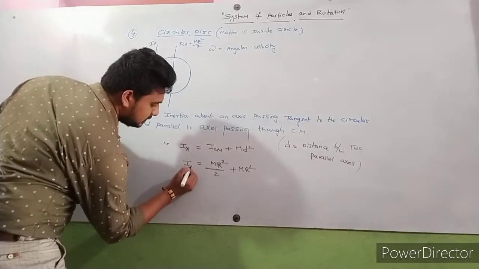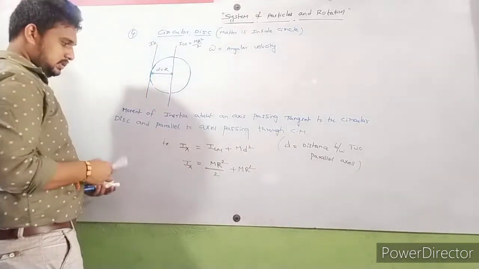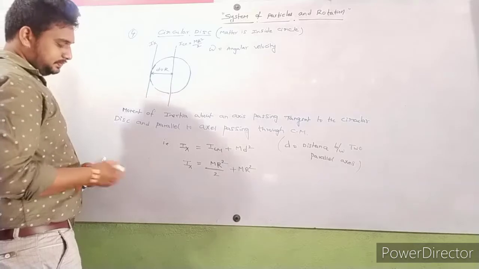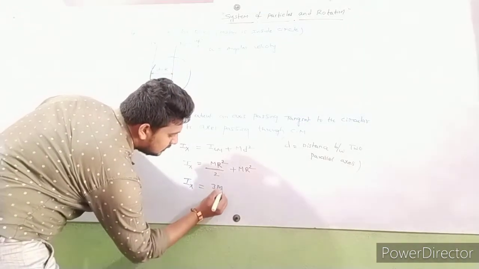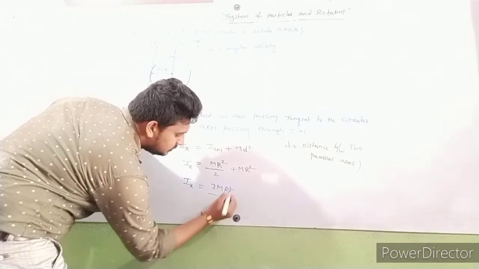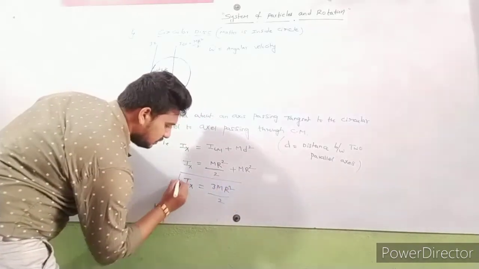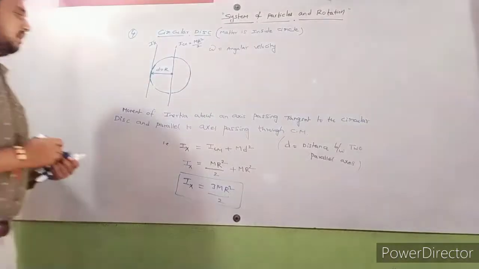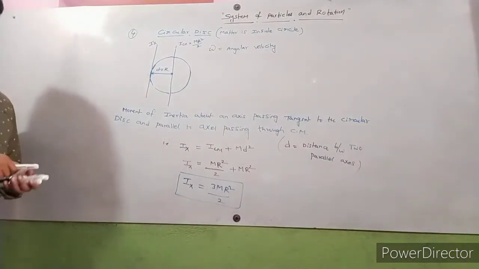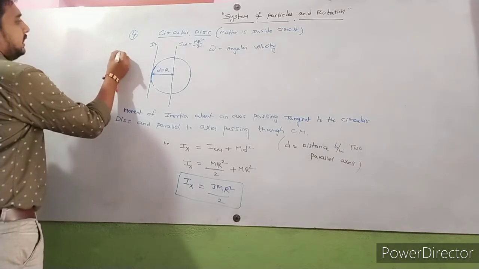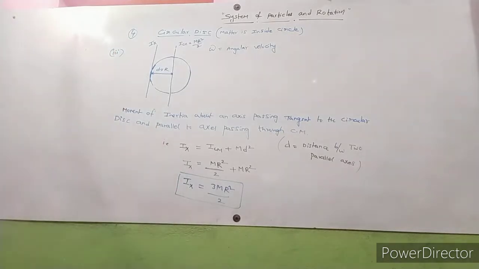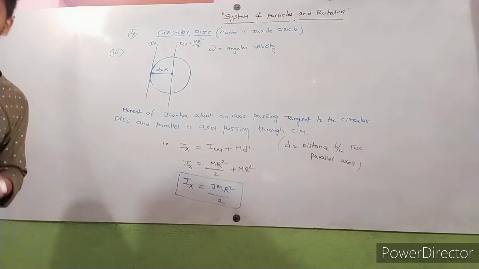So Ix is equal to 3 mr square by 2. So this is the third case. Next we'll discuss case 4.